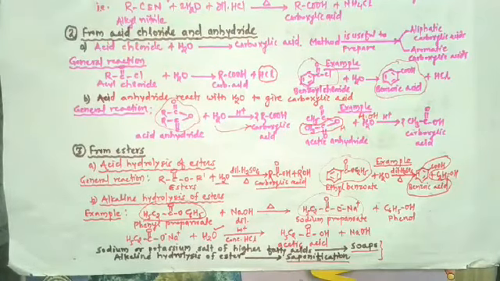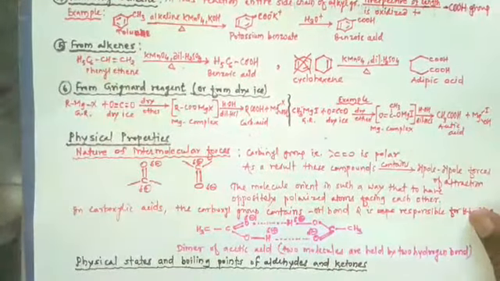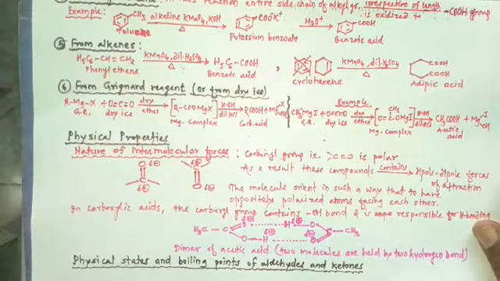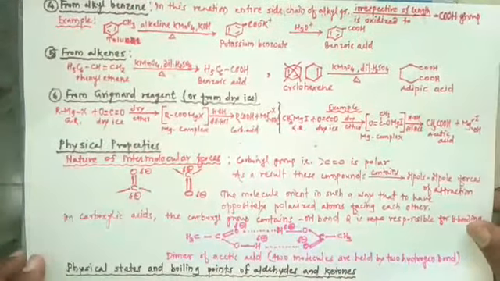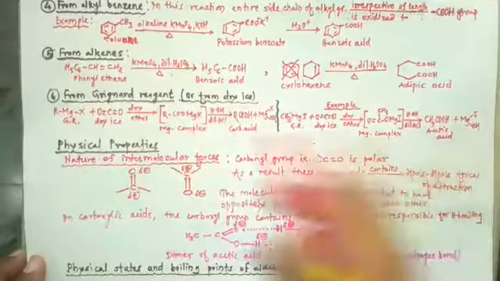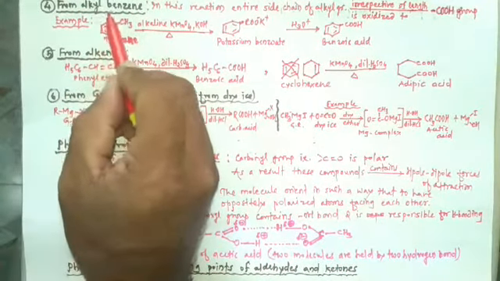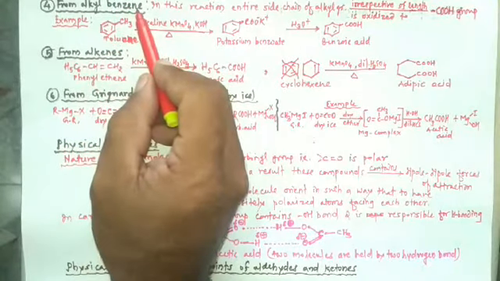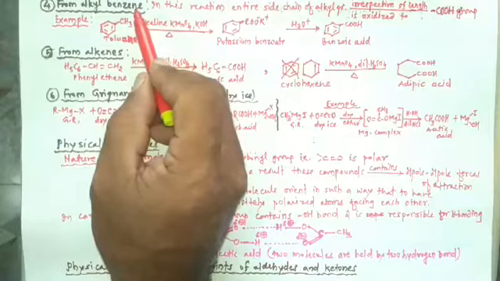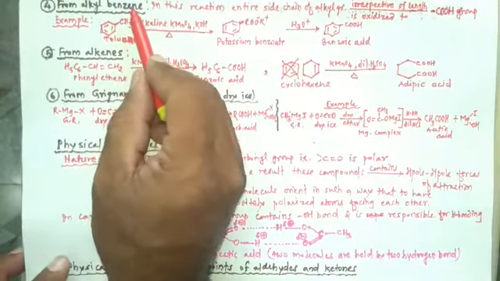Then let's study the next preparation method, and that method is from alkyl benzene. Here we are going to prepare carboxylic acid from alkyl benzene.